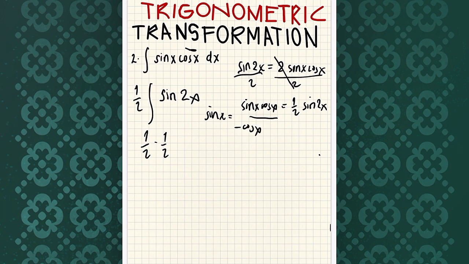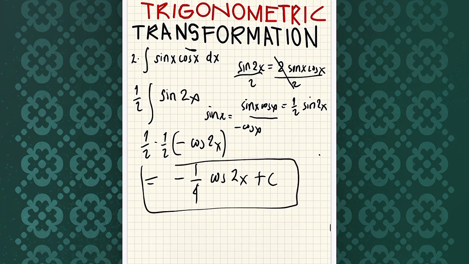So this will be multiplied by cos 2x. The answer will be negative 1/4 cos 2x plus c. This is the answer if we use the trigonometric identity.